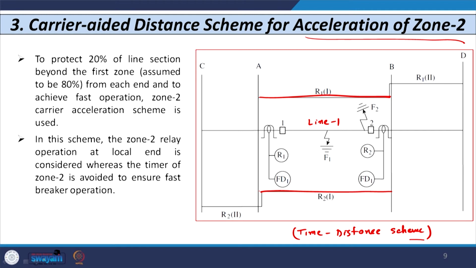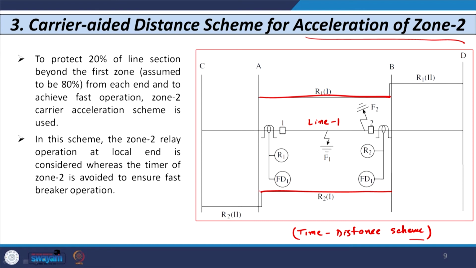So, to protect the 20% of the section beyond the first zone, on each side, zone 2 of the distance relays R1 and R2 will be converted into zone 1; we can say the acceleration of zone 2 is carried out.